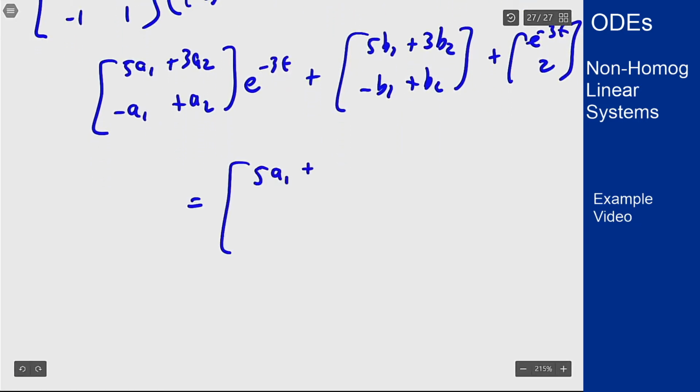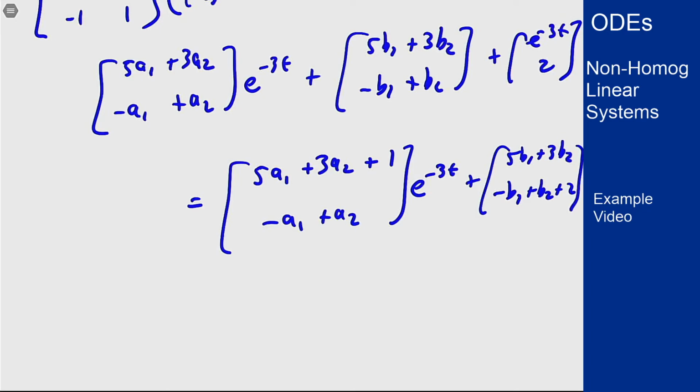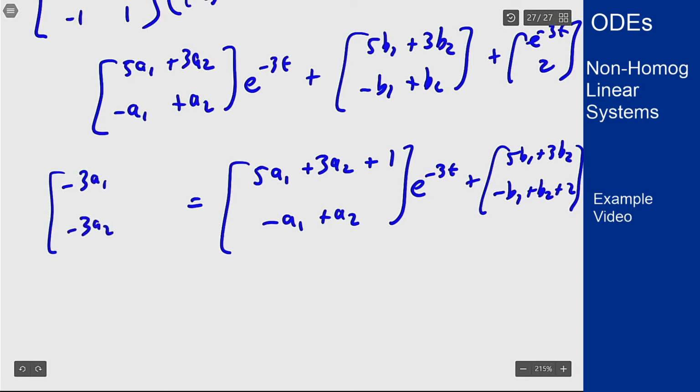5a1 plus 3a2 plus 1, negative a1 plus a2, e to the minus 3t, plus 5b1 plus 3b2, negative b1 plus b2 plus 2. And I want this to match the derivative from before. The derivative of minus 3a is going to be minus 3a1, minus 3a2, times e to the minus 3t. This gives me a system of equations to solve for a1, a2, b1, and b2.